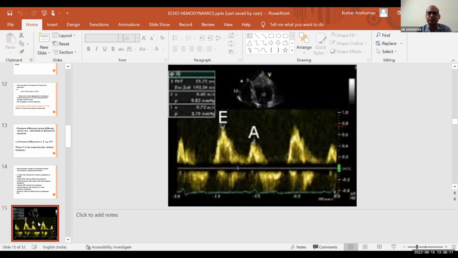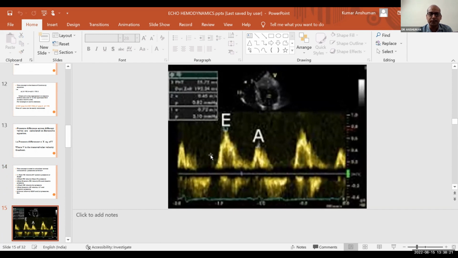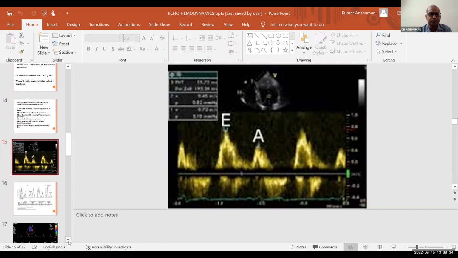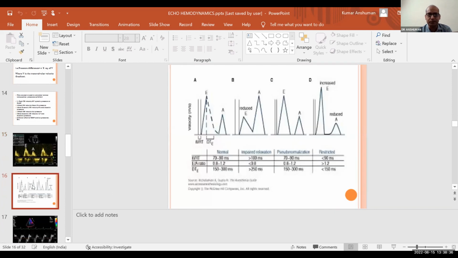Now, coming to the basic concept of diastolic dysfunction, you all know that in diastole, if you apply pulse wave at the mitral inflow pattern, you will get a first E wave and a second A wave. With this E wave and A wave, you get diastolic dysfunction parameters, and with this you can understand the symptomatology.